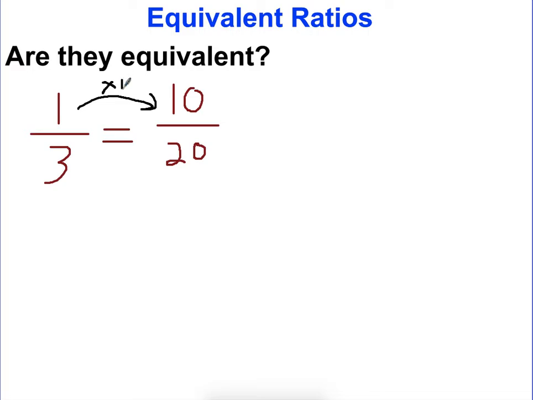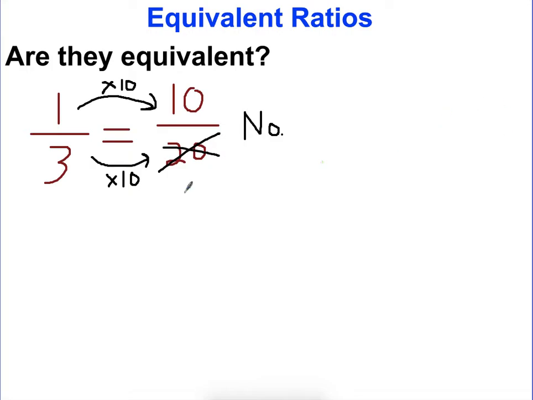I want to do 1 times 10 to get to 10. If I use that rule, we have to use the same thing here. So 3 times 10, is that going to be 20? That doesn't work. So for this one, I would say no, because this does not equal 20.